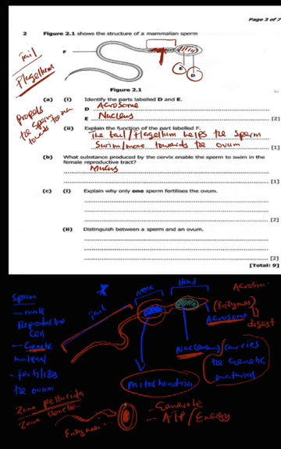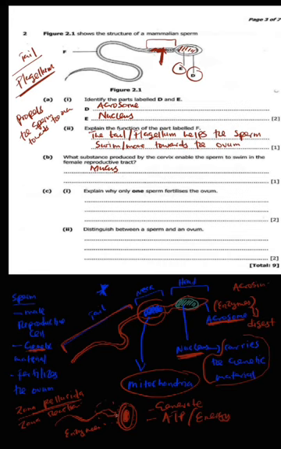Now, what happens is one sperm, with its head filled with the nucleus, the genetic material, enters. Then this zona pellucida, the membrane surrounding the ovum, becomes impermeable to other sperms.